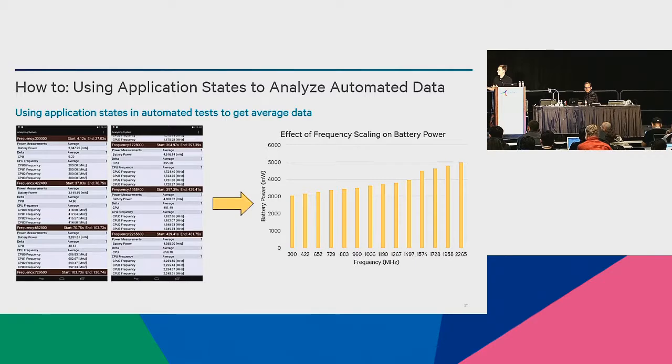As I mentioned before, the basic relationship is that you increase frequency, your battery power is increased as well. But what you may not have been expecting is that if you look at that bar chart, the relationship is actually not linear.